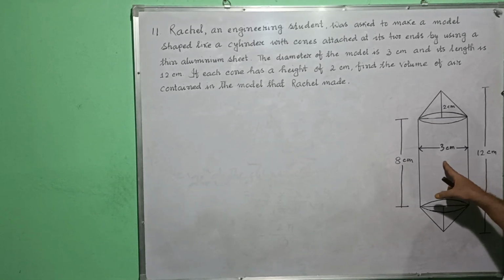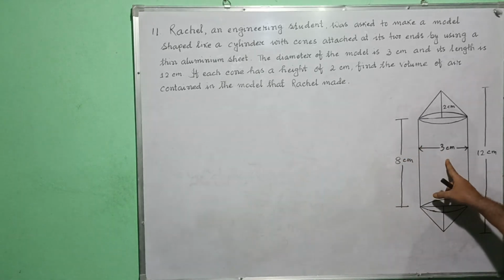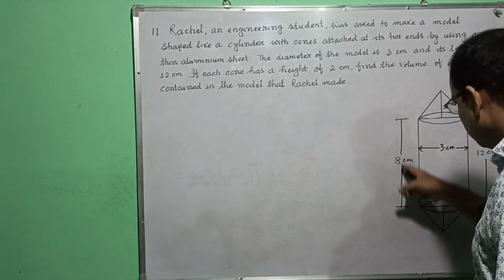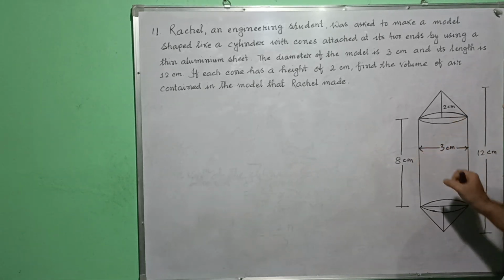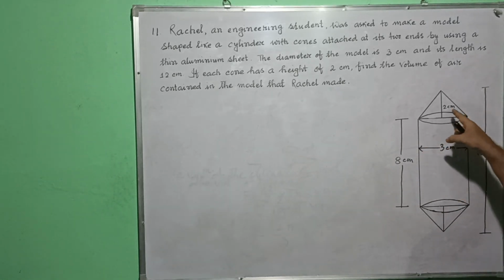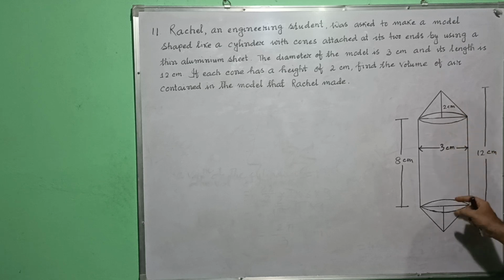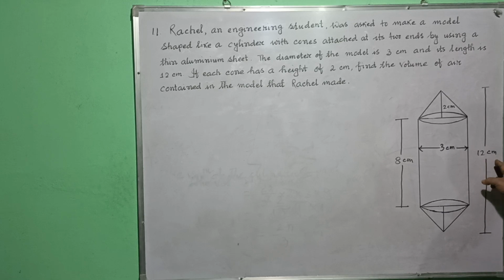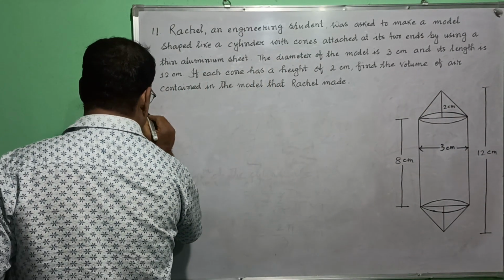As the diameter is 3 cm, the radius will be 1.5, so during the calculation we'll use 1.5 cm as radius. The height of the cylindrical part we can get from the total height. If we subtract these two heights, here also 2, here also 2 of the conical part, total height is 4. So we can subtract this 4 cm from the 12 cm to get the height of the cylinder.